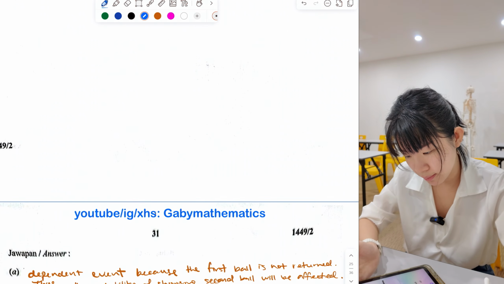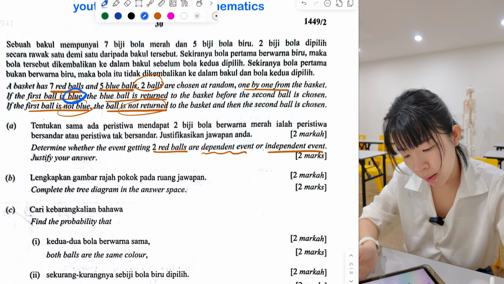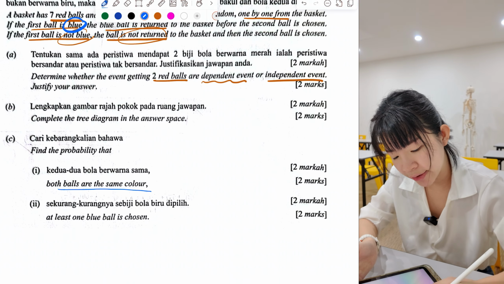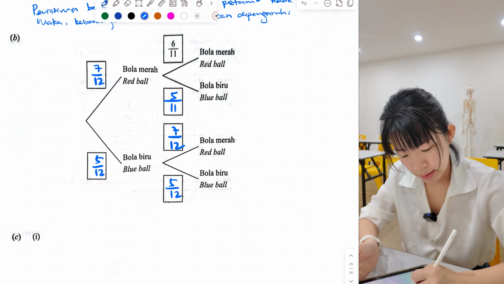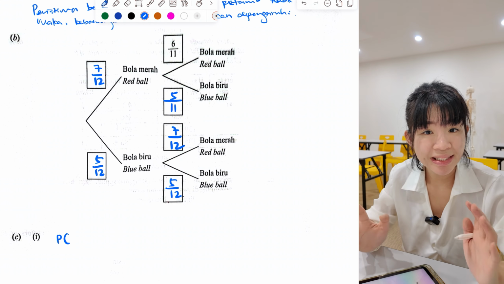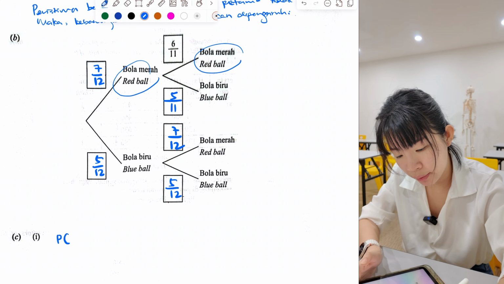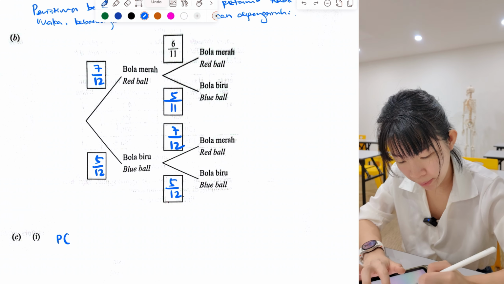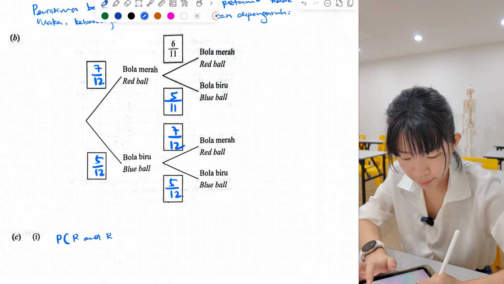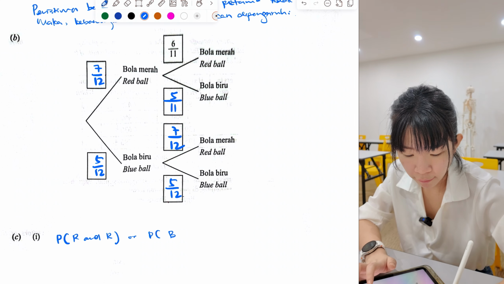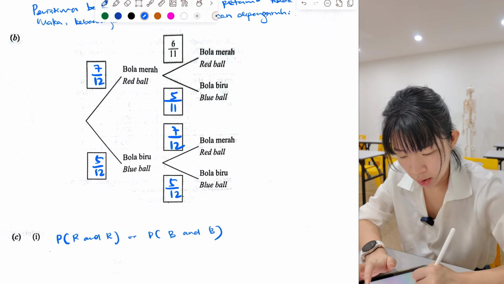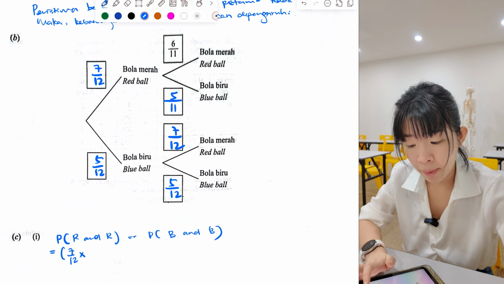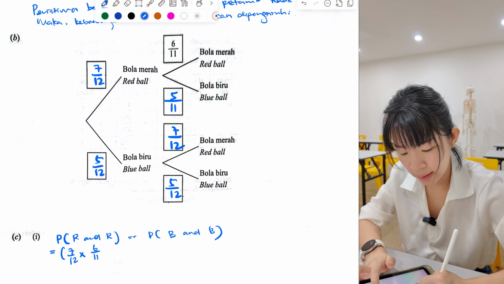Okay, so now C. Find the probability that both balls are same color. So now you think, what combination do we want? Same color. So it can be red, or blue. We need to find the probability of red and red, or the probability of blue and blue. Red probability 7/12 times red probability again, so it's 6/11.